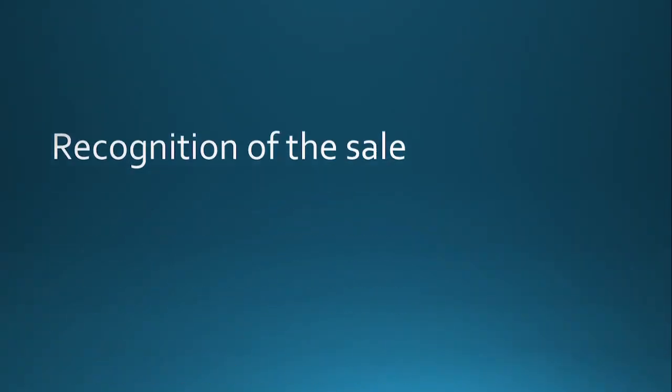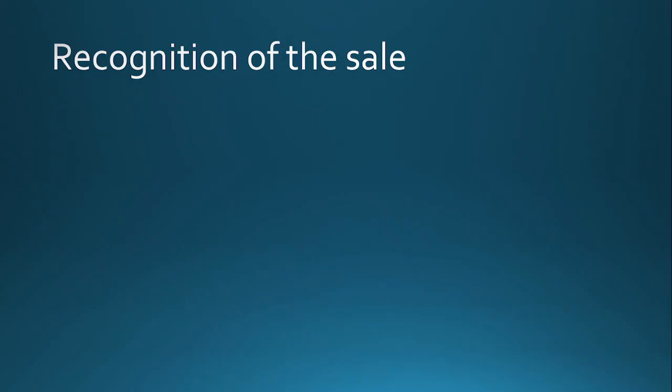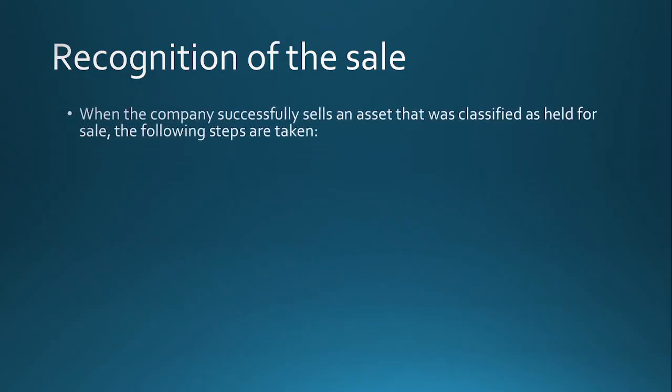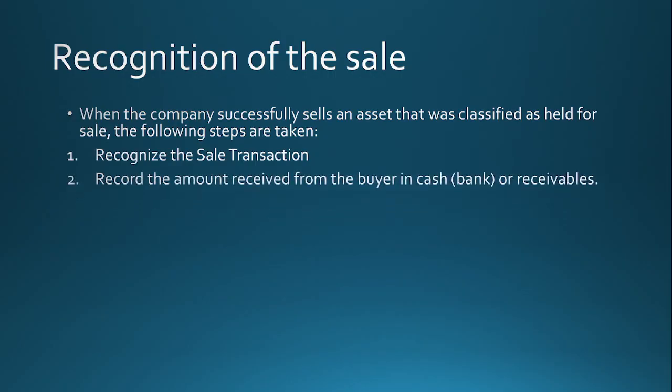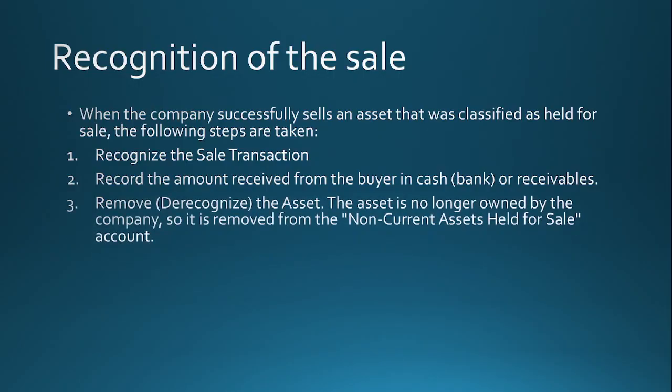Now, let us see how you recognize the sale. Well, if the company now sells the asset successfully, take the following steps. First, recognize the sale transaction. And how do you do that? You record the amount from the buyer in cash, or in receivables, and then remove the asset, because remember, you've sold it.